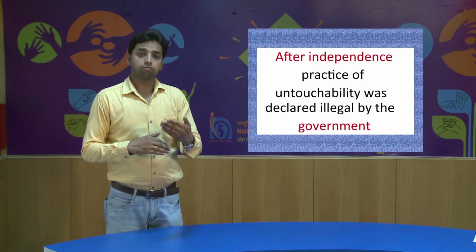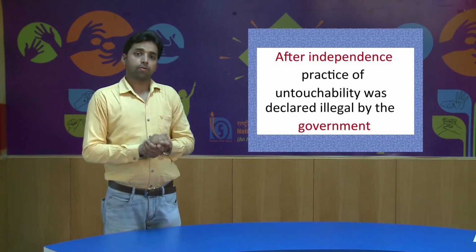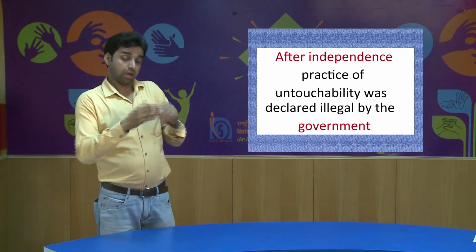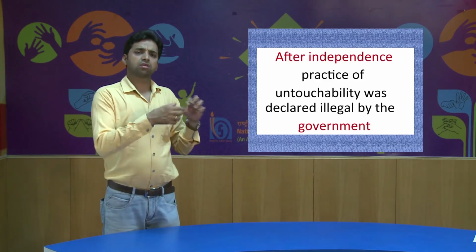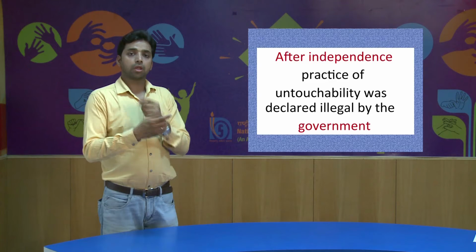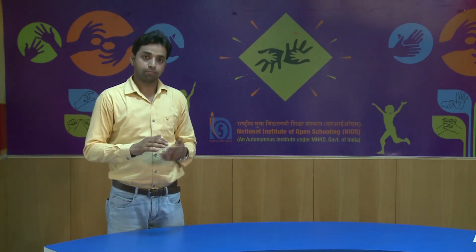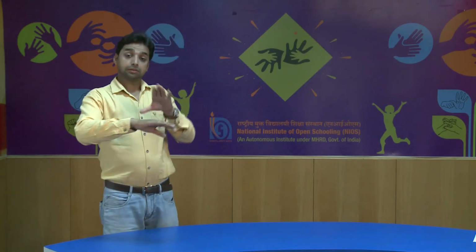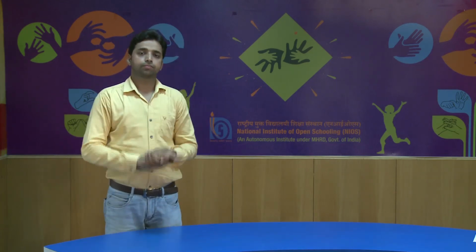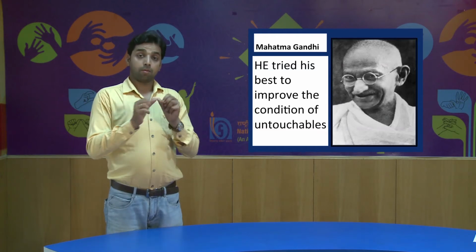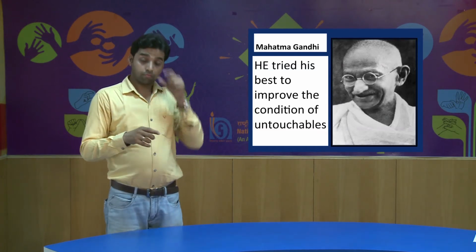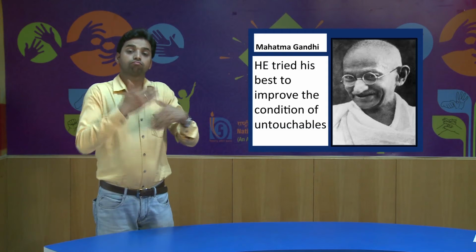After independence, the practice of untouchability was declared as illegal by the government. However, we still sometimes find incidents of untouchability occurring in far away parts of the country. Mahatma Gandhi tried his best to improve the condition of untouchables.